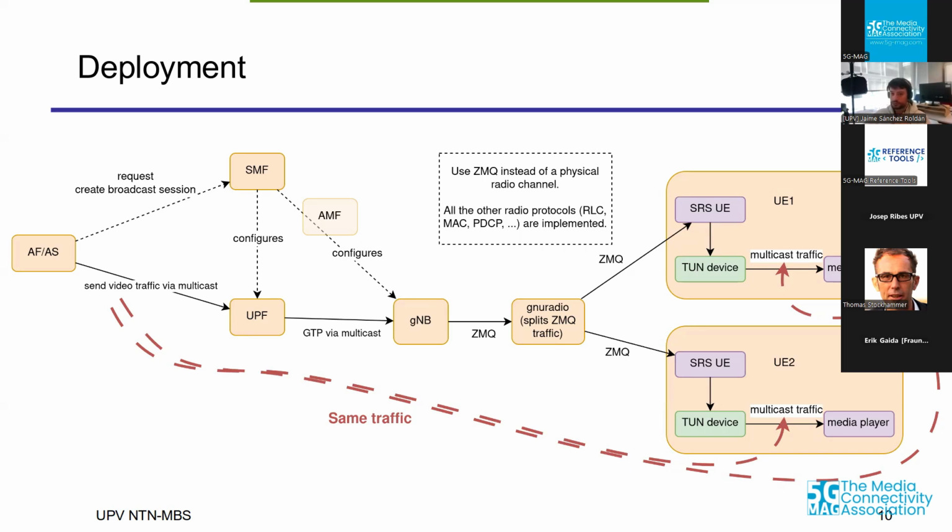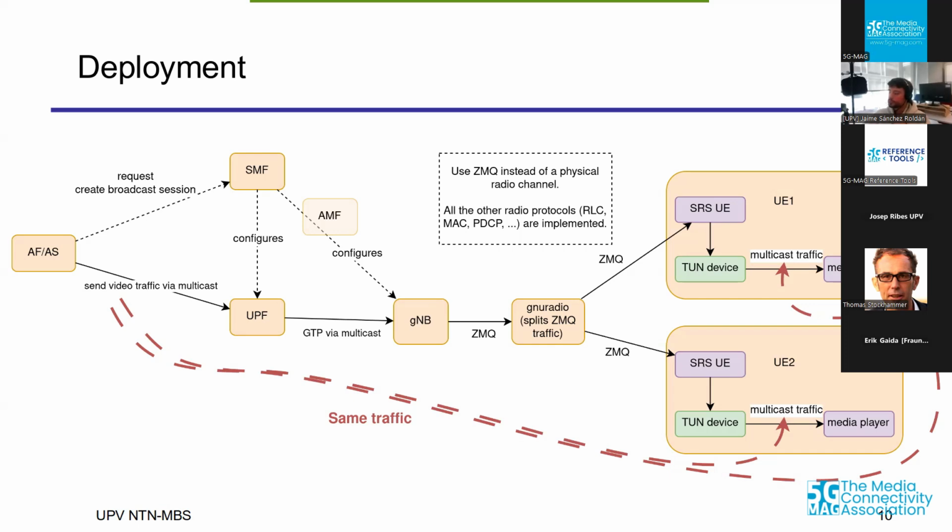And we use ZeroMQ instead of a physical radio channel in order to have the full demo running in a single virtual machine. So the physical radio channel is not in use, it's simulated instead.